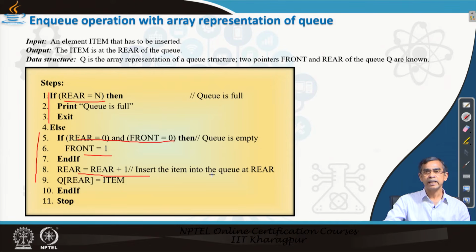Dequeue will take place from location 1 only, and here we are assuming that the array index is starting from 1 to n. If it starts from 0, then accordingly the index and the assignment will change. And here queue rear is the item to be inserted.